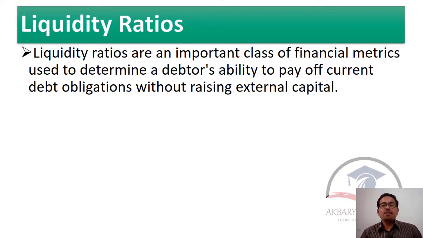Suppose I have a short-term liability of $5,000 on the balance sheet, and I need to pay that $5,000. Am I able to cover it with the short-term assets available inside the business, or do I need to raise foreign capital from another party? Do I need to receive a loan? That is what shows the liquidity ratio of the business.